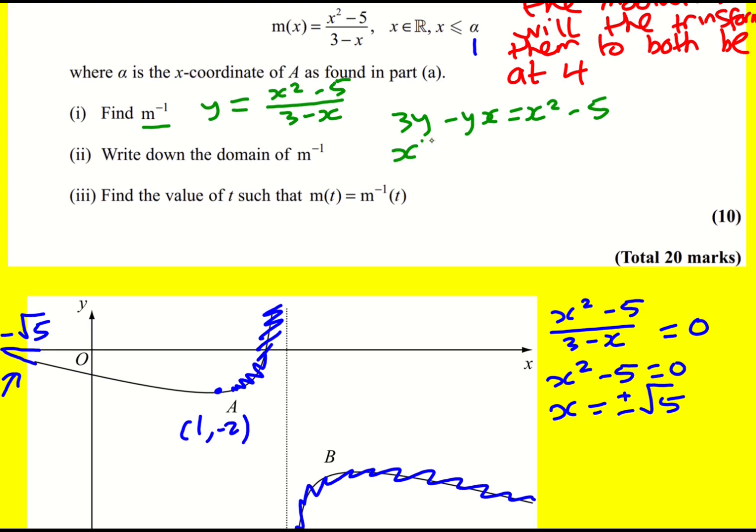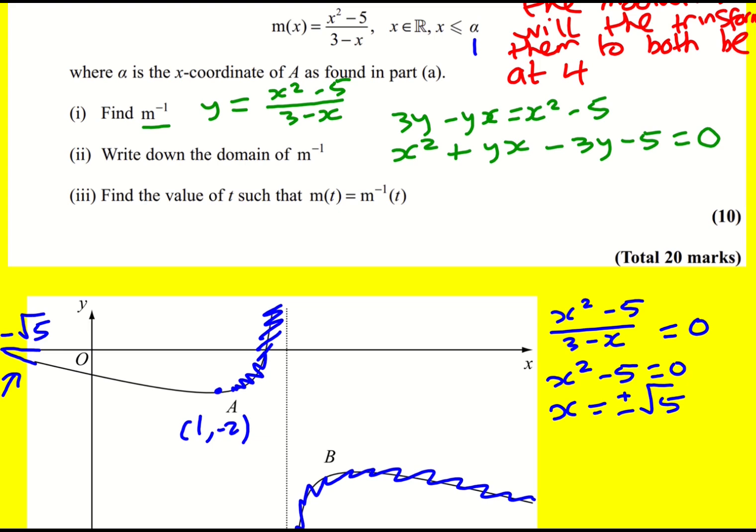So x squared plus yx minus 3y minus 5 will equal 0. To make x the subject, we're going to need to solve this quadratic in x. We've got a y in there as well, so we'll be working in terms of y.